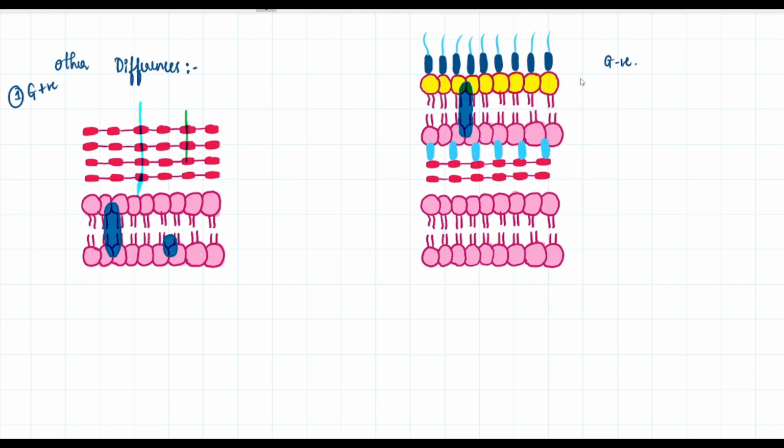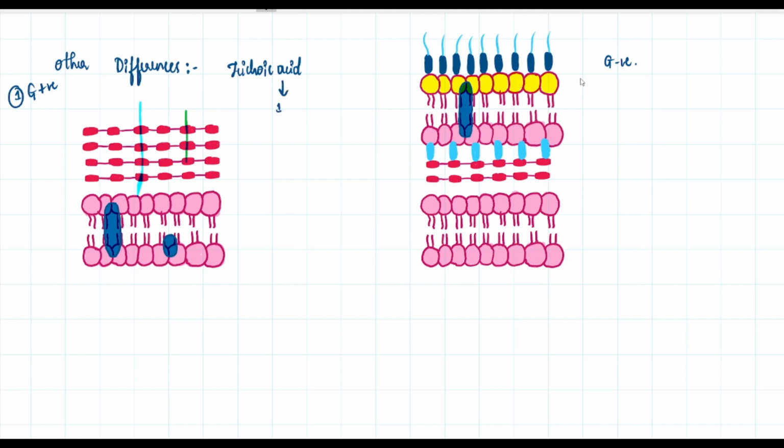The cell wall consists of teichoic acid. What is teichoic acid? This unique type of compound is absent in gram-negative bacteria, but it is present only in gram-positive bacteria. There are two types of teichoic acids.